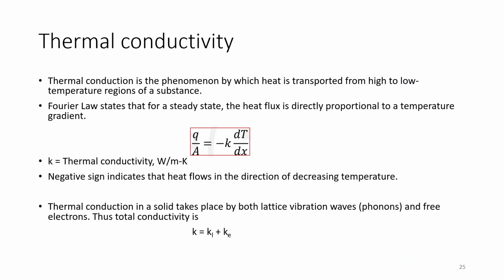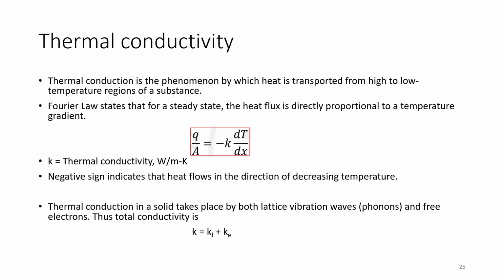Thermal conduction is the phenomenon by which heat is transported from high to low temperature regions of a substance. Fourier's law states that for a steady state, the heat flux is directly proportional to the temperature gradient. So Q upon A equals minus k times dT upon dx, where k is your thermal conductivity in watts per meter Kelvin.